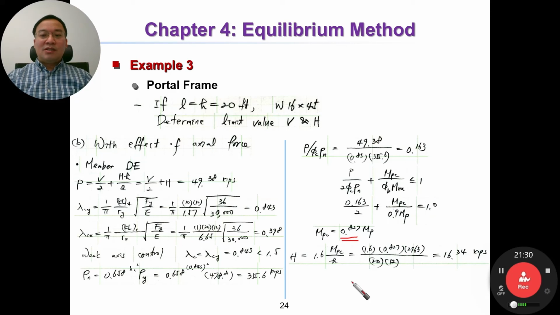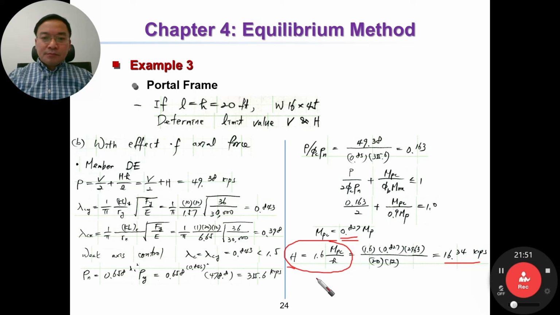So it is a significant effect, the axial compression force. So now we have M equal to this one, we already mentioned, equal to MPC. And also V equal to 3 times of M equal to this one. So this is the solution.